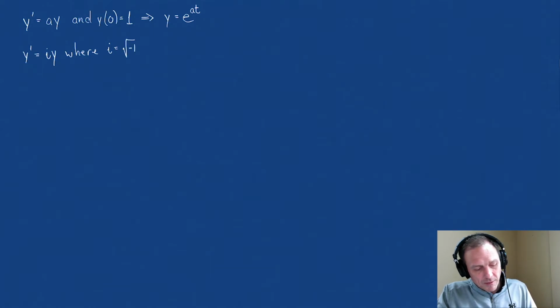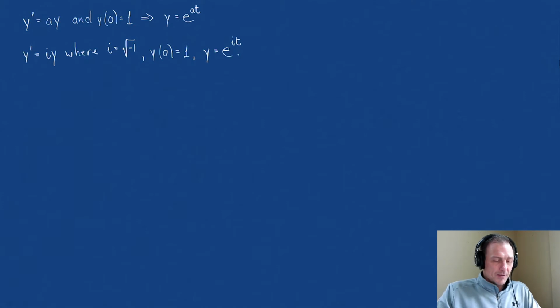So again, the same initial condition, y of 0 is 1. Well, according to what we've just learned, the solution should be y equals e to the it. Okay, so that's a simple enough problem.